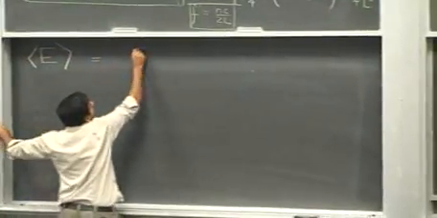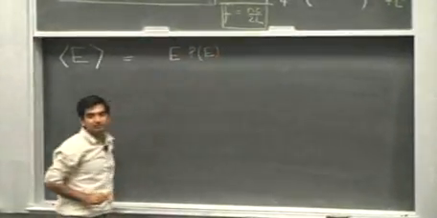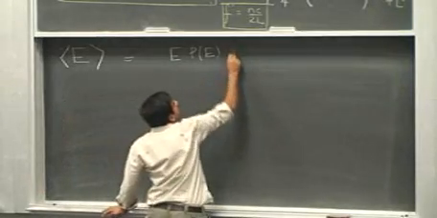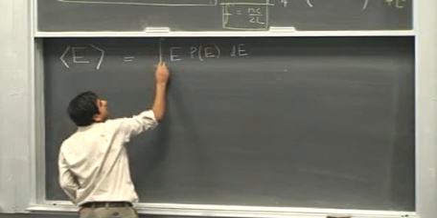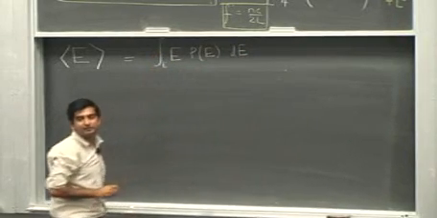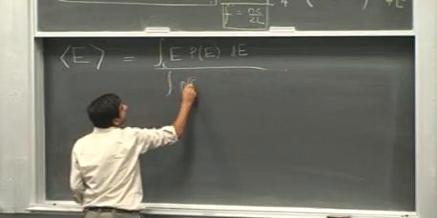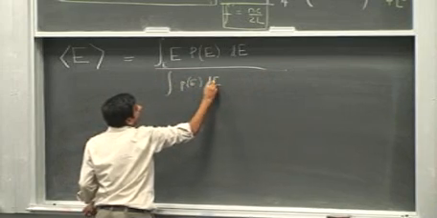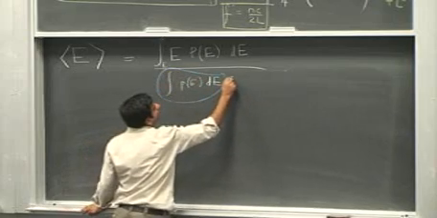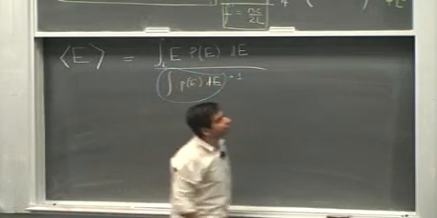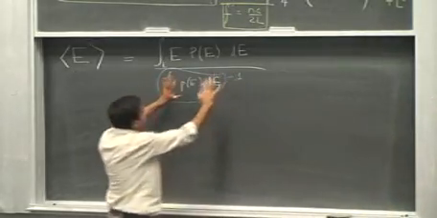You take E, multiply it with P(E), and take the integral over all possibilities of E, and you can also divide by the normalization integral, but in our case this is equal to 1. If you use this formula for P(E), you will find out that this integral is equal to 1.